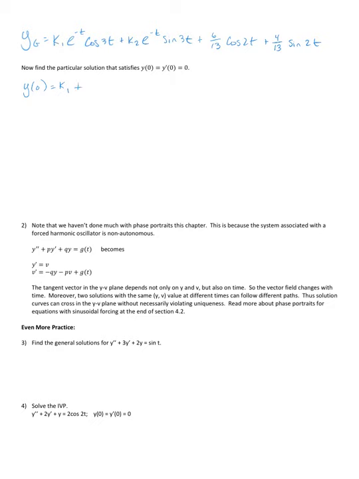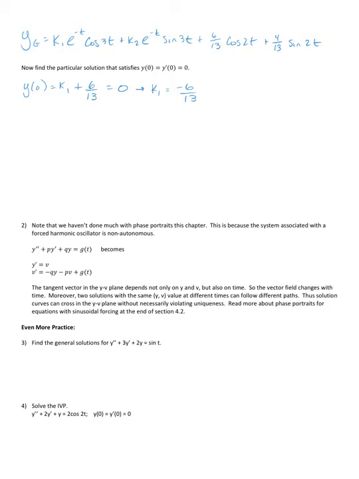And then plus k2 sine of 0 is 0, so that term goes away. Then I have 6/13 cosine of 0. Cosine of 0 is 1, so I can put 6/13 here. Plus 4/13 times the sine of 0, and the sine of 0 is 0. So k1 plus 6/13 has to equal 0, which means k1 is negative 6/13.